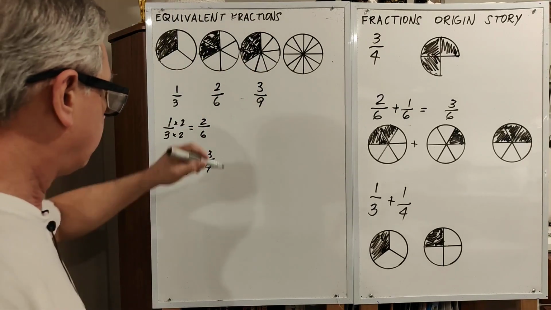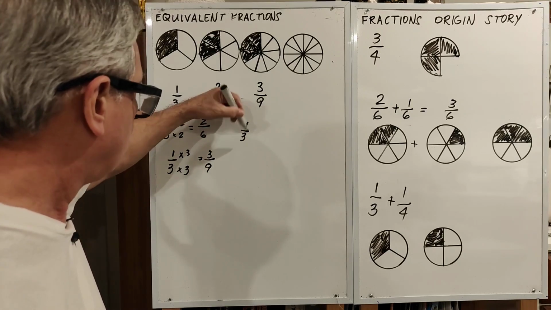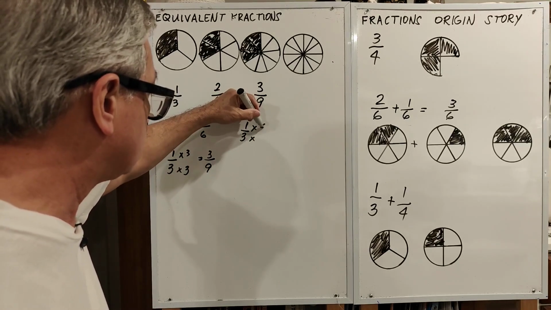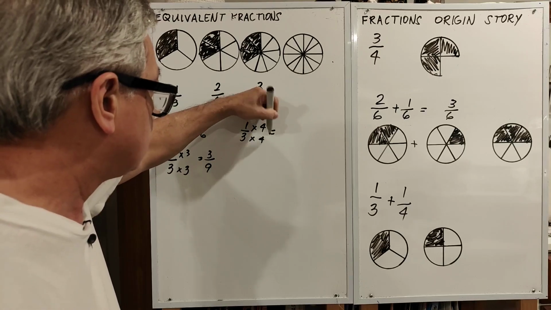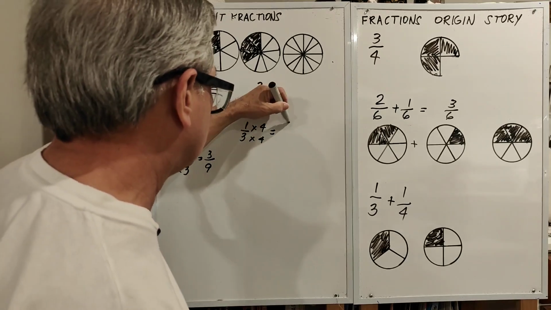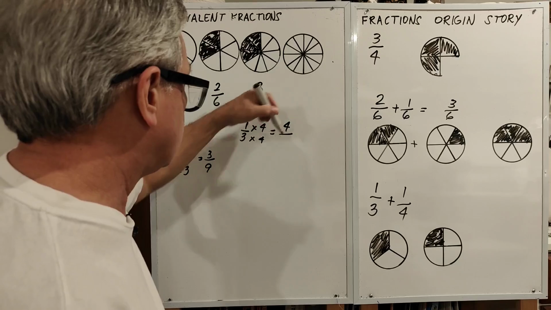Or for example, we have 1/3. Multiply both numbers by 4. This will be 1 times 4 is 4, 3 times 4 is 12.